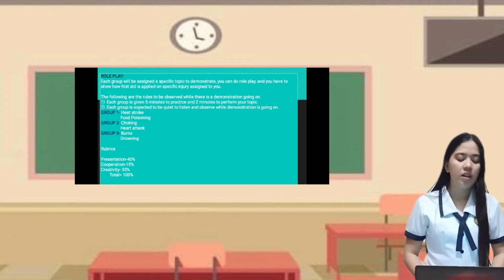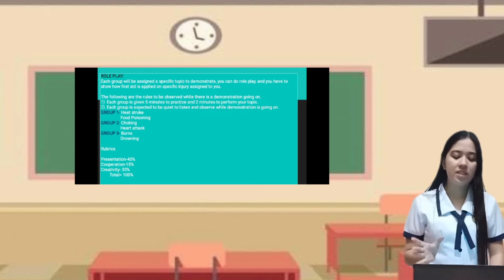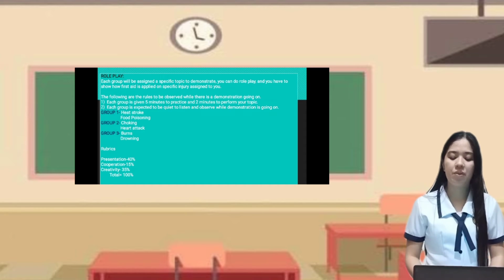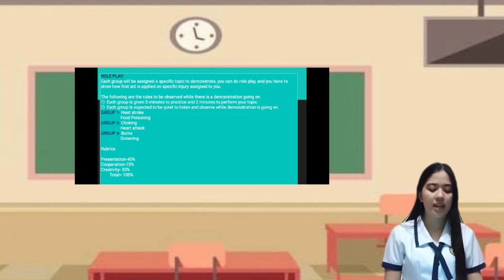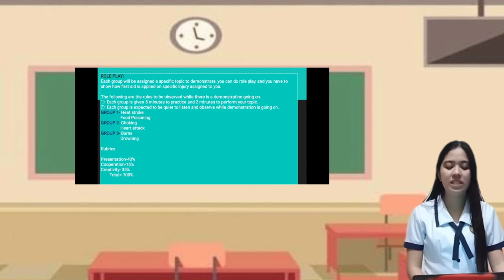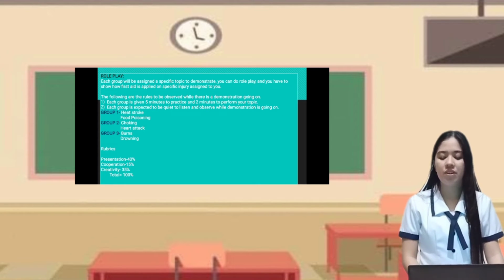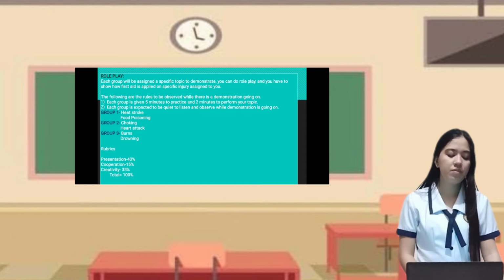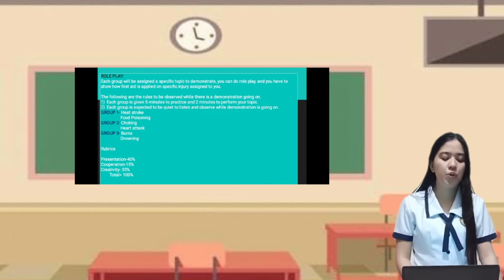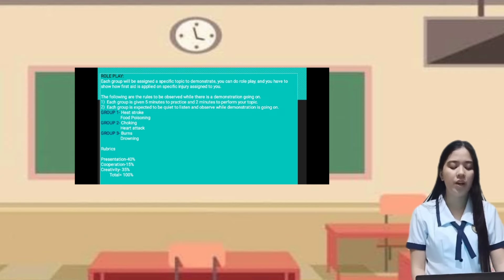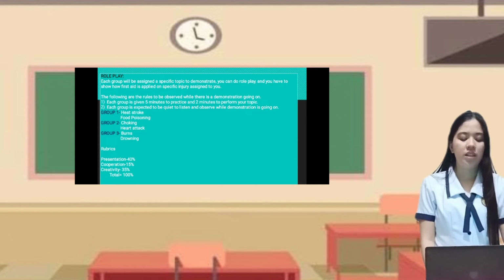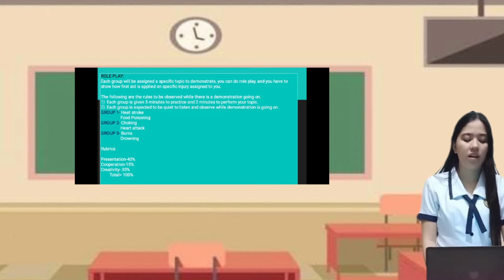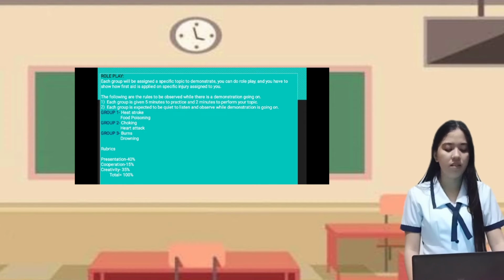Number 1, each group is given 5 minutes to practice and 2 minutes to perform your topic. Number 2, each group is expected to be quiet, to listen and observe while the demonstration is going on. So group 1 is assigned heat stroke and food poisoning. Group 2 is choking and heart attack. And group 3 is burns and drowning.